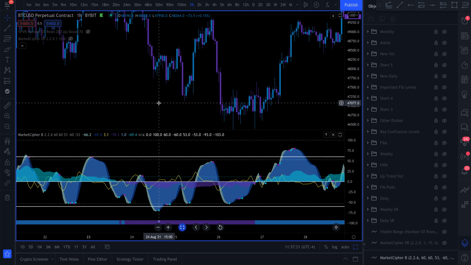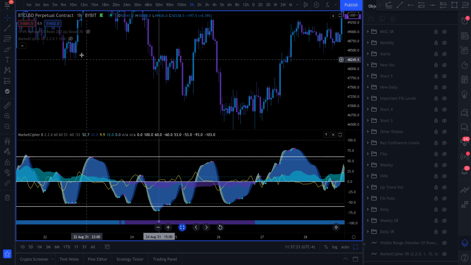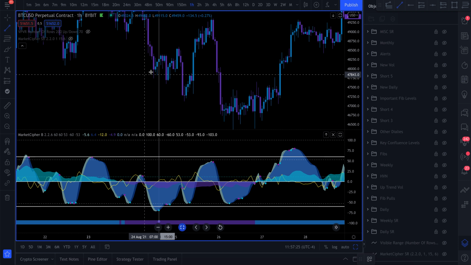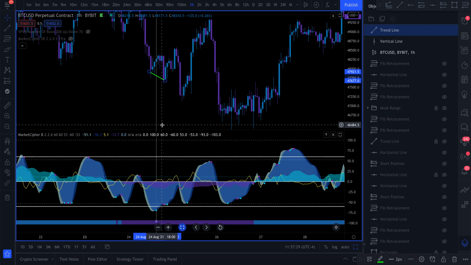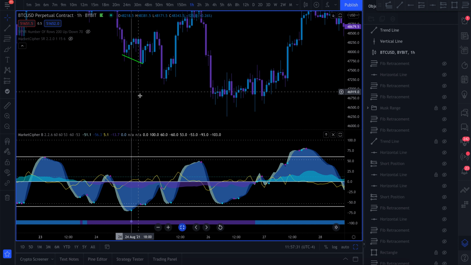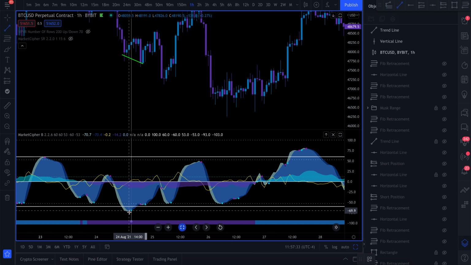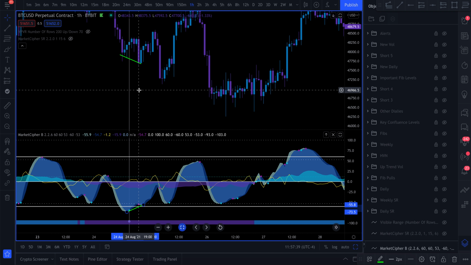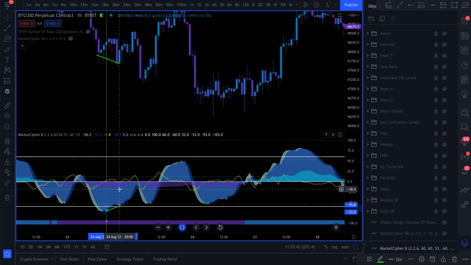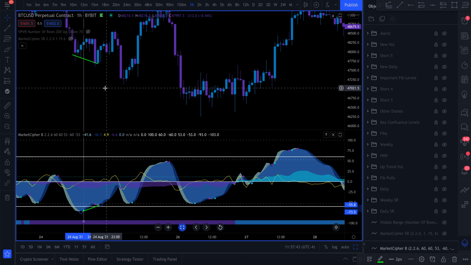So this actually would not be our entry, right? Because we're waiting for the price to come lower and the momentum to come higher. Now, this right here is a perfect example of a bullish divergence where we see the momentum waves are coming higher while the price is getting lower, okay? This is what we want to look for.